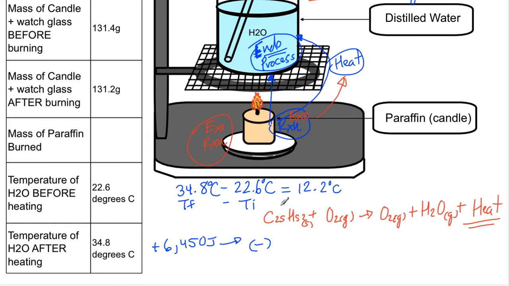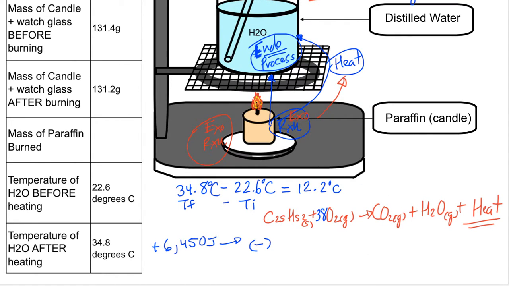Heat is a product, therefore this is an exo reaction. Now if you wanted to balance that, which is not necessary in order to solve this lab, there would be 38 oxygens required. This is supposed to be CO2, my apologies. Let's get that fixed.